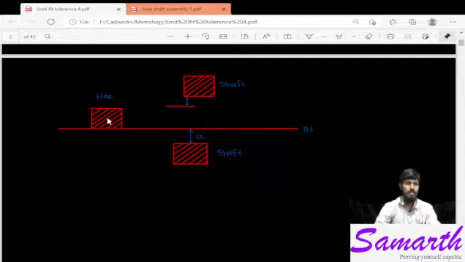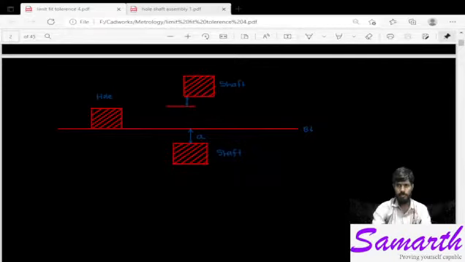Let us say these are the pictorial representations of the hole and shaft. This is the baseline, basic line also it is called, and this much is the tolerance of hole.